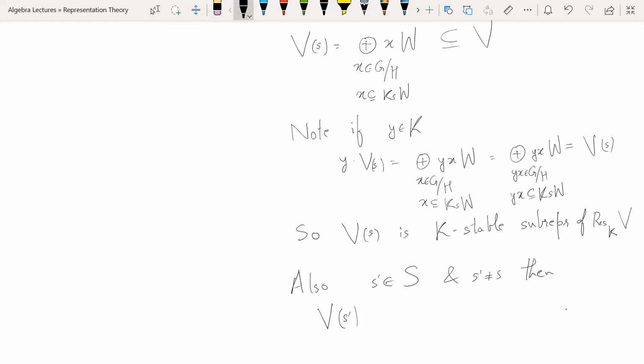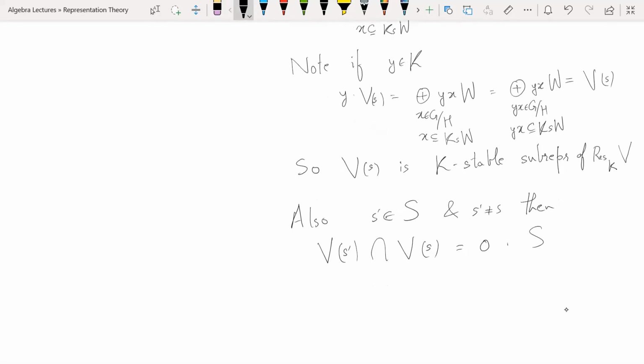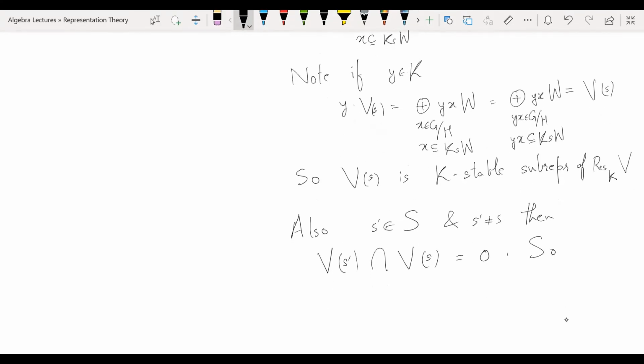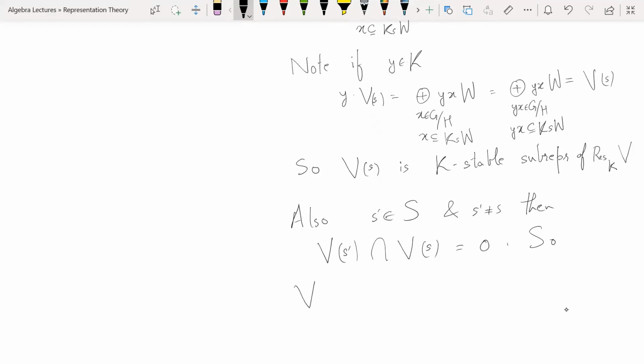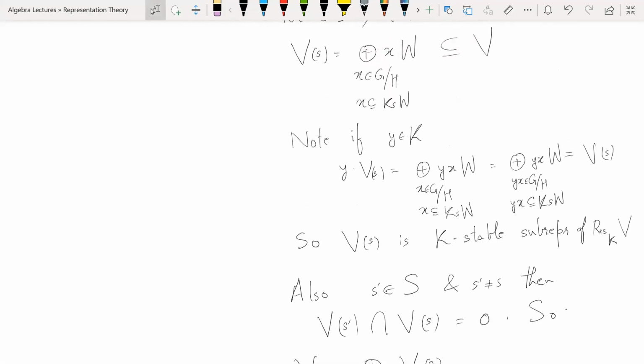So Vs prime intersection Vs is 0. And so V is in fact the direct sum of Vs, s in capital S. So they are linearly disjoint, and if you run over all these Vs, you will have exhausted all the left cosets.